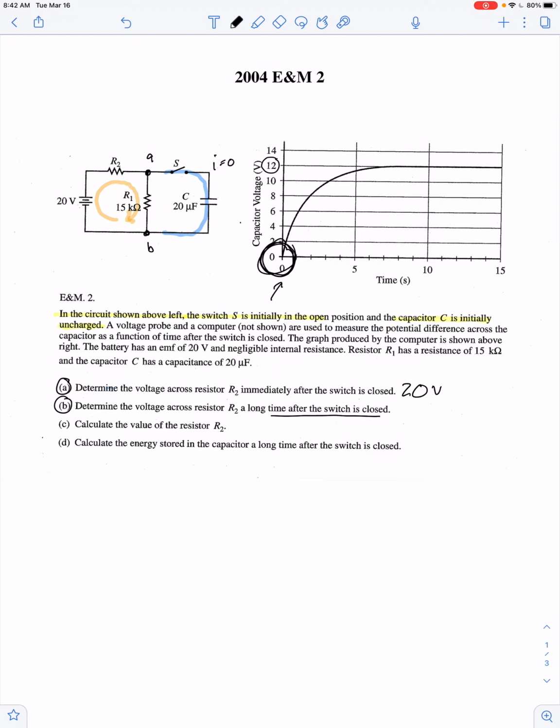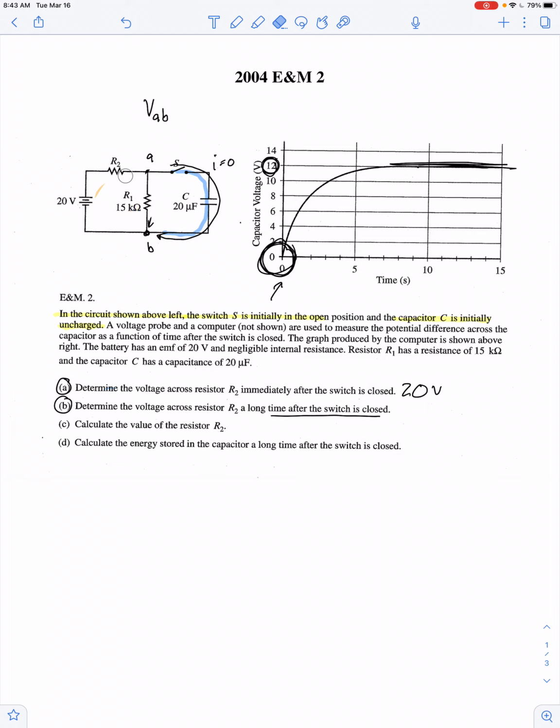Whether I go from junction A to junction B across resistor 1, or I go from junction A to junction B across the capacitor, it still represents a potential difference between points A and B. And in the steady state, we know that the voltage across the capacitor is 12 volts, which means in the steady state, the voltage across resistor number 1 is 12 volts.